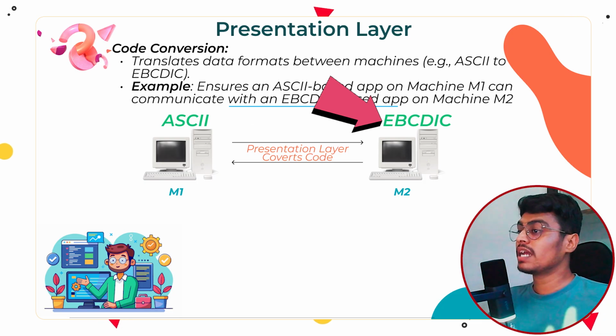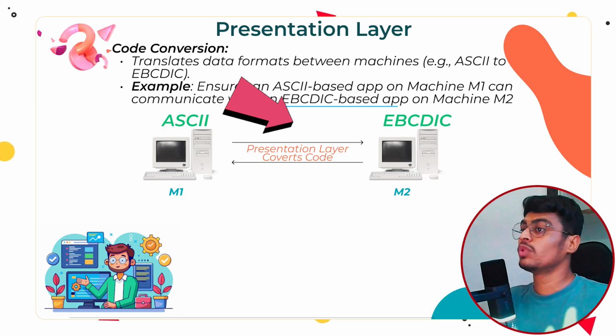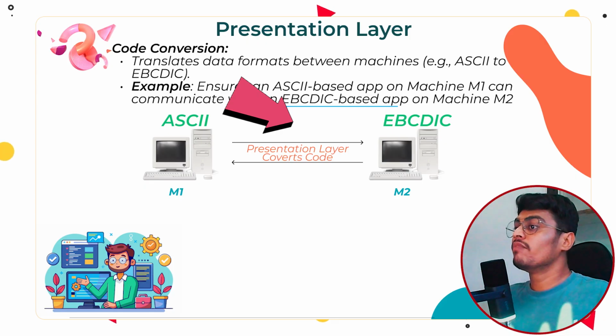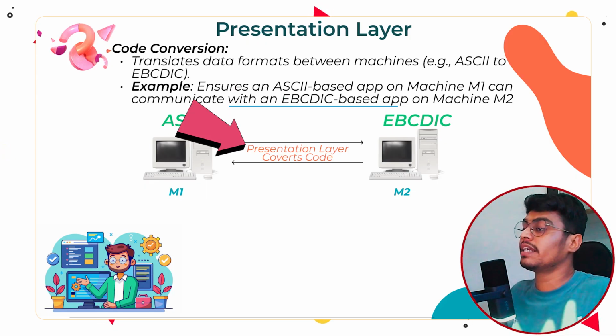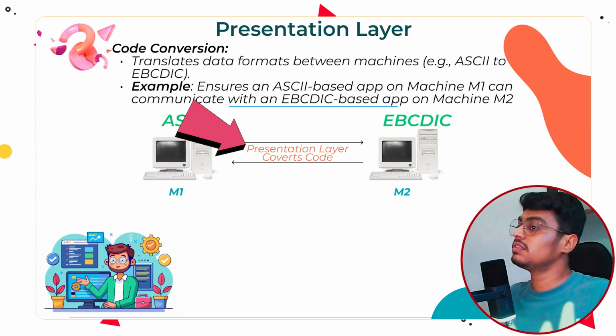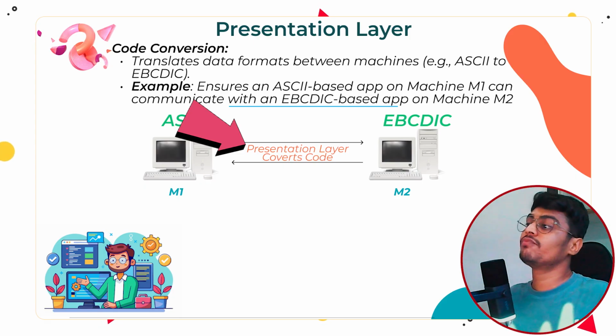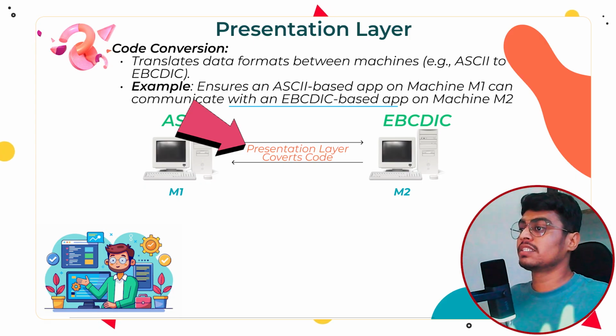Now whenever we are sending data from this machine to that particular application, it will send the data in ASCII format. When the data comes in ASCII format, how do we convert that data into the other code? Because this machine understands a different code, for that we use the presentation layer. The same in this case: this one is sending the data in one code, but this machine understands another code.